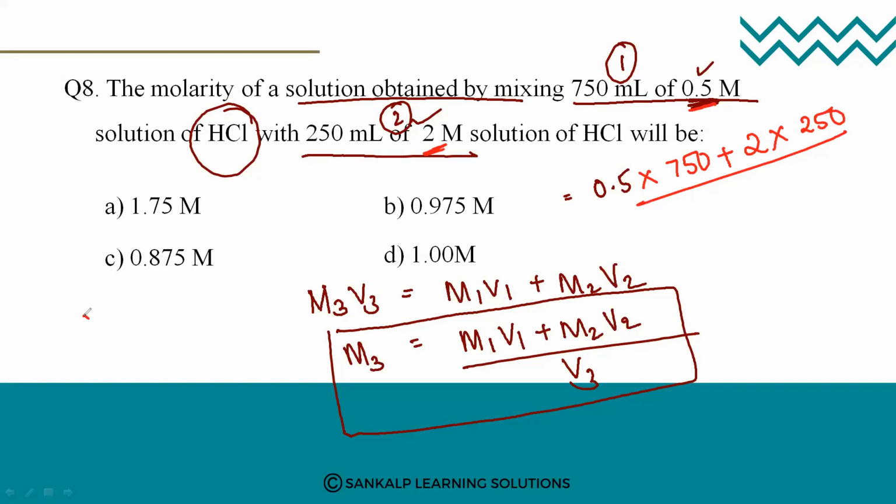How do you get V3? V3 equals V1 plus V2. V1 is 750, V2 is 250, so this will come to 1000.